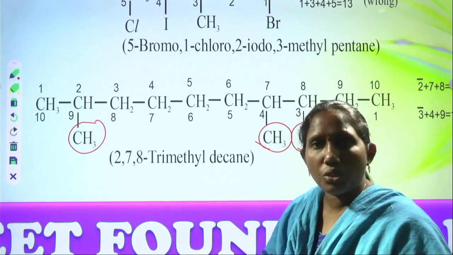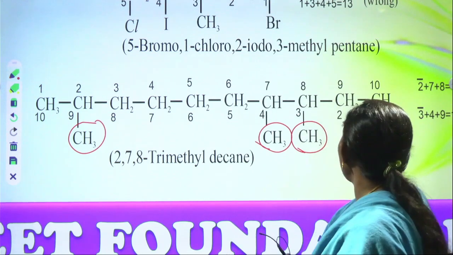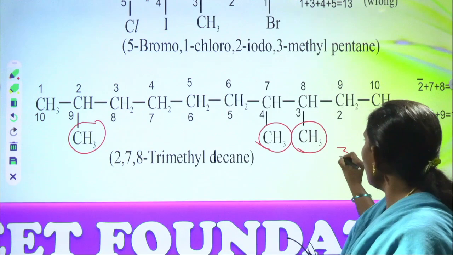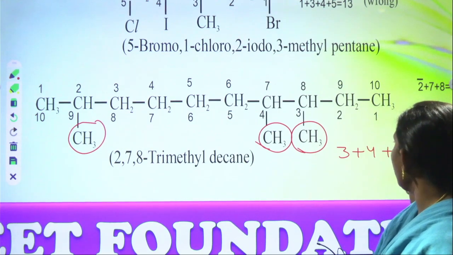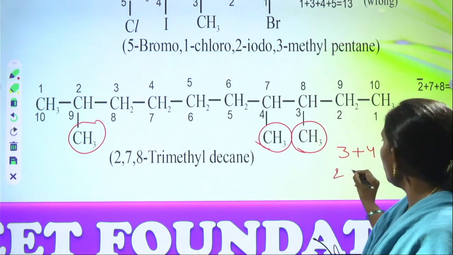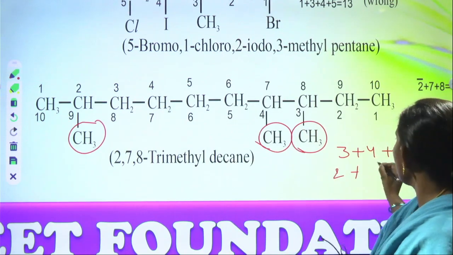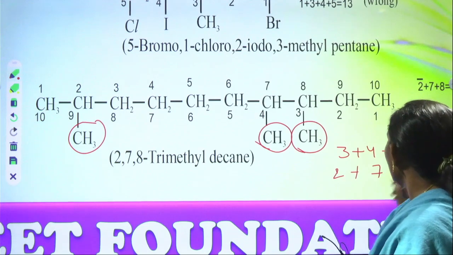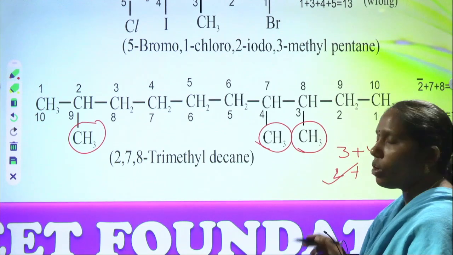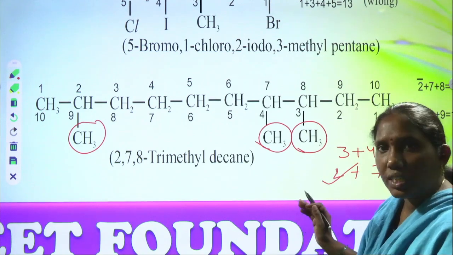So we have to choose the lowest numbering. If you give the numbering from this side 1, 2, 3, 4, this gets 3 plus 4 plus 9. If you do the numbering from that side, 2 plus 7 plus 8. According to the lowest number, between 2 and 3, 2 is the lowest, so this numbering is the correct one.